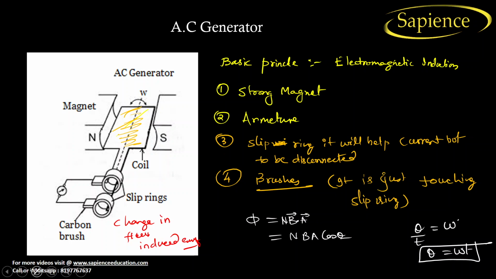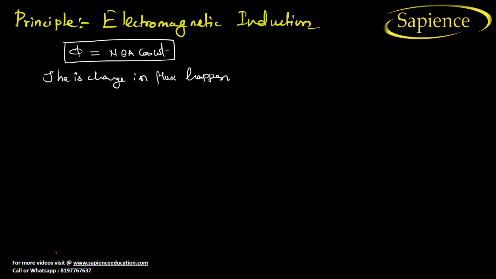Because when it rotates, there will be a change in flux, and this change in flux will result in the induced EMF. So finally EMF can be written as minus d phi by dt.